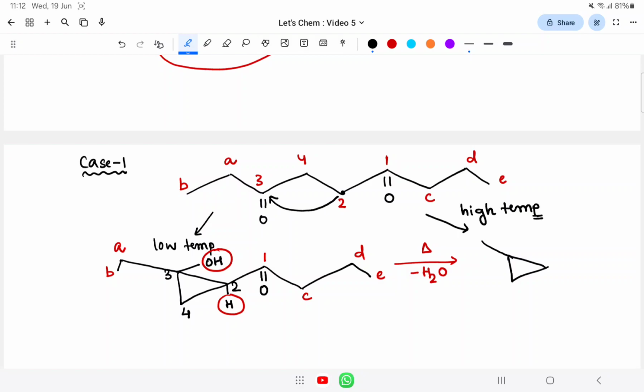It will look something like this. Exactly. Do you agree? This is 1, this is 2, this is 3, this is 4, this is A, this is B, this is C, this is D, and this is E.